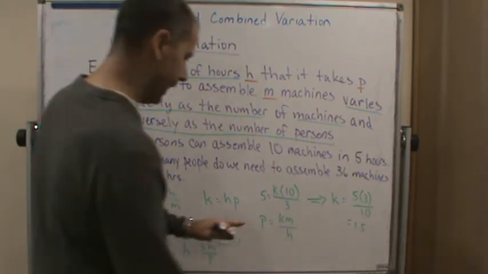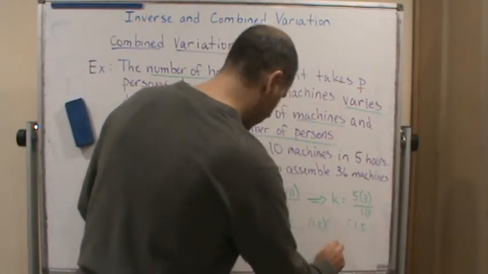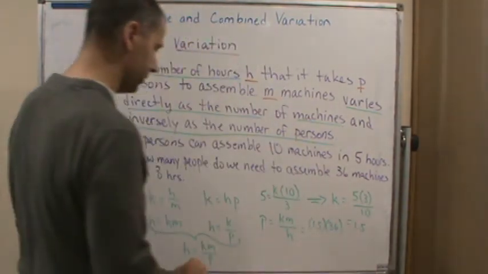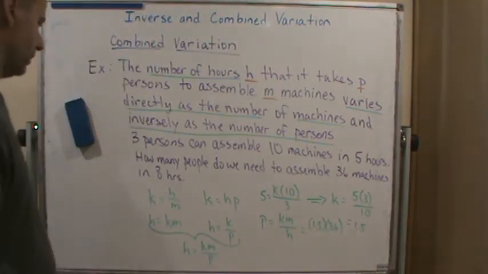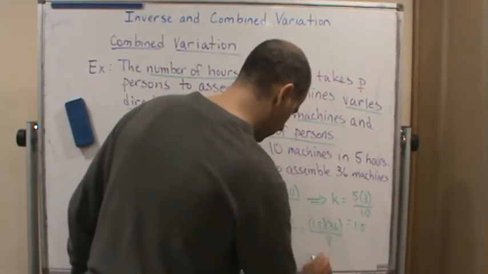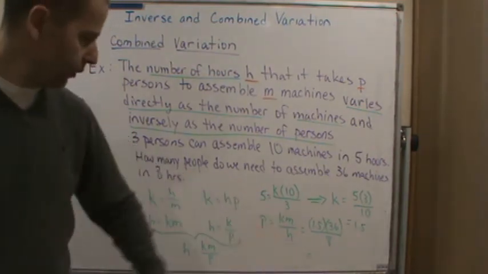We know that K is 1.5, M is 36 machines, we have to build 36 machines in 8 hours. And so what do we get? Well, you stick that in your calculator.